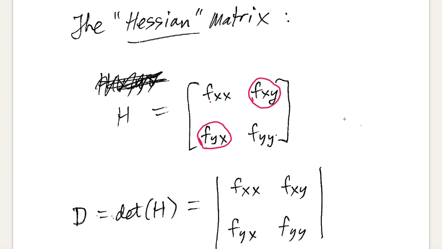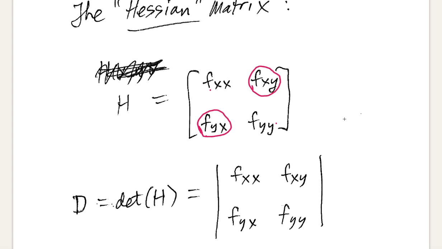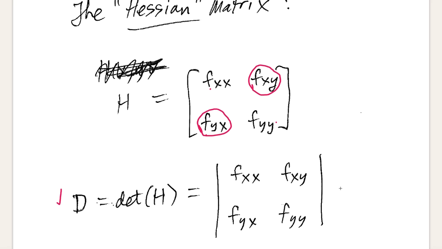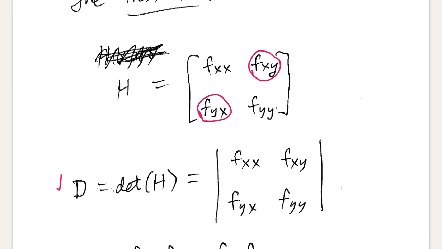Now, the thing we're really going to be interested in is something your book just writes as D here. D will stand for the determinant. This is actually the determinant of the Hessian matrix. Okay, so there you see I've used vertical bars here. You remember how to take the determinant of a 2 by 2 matrix.